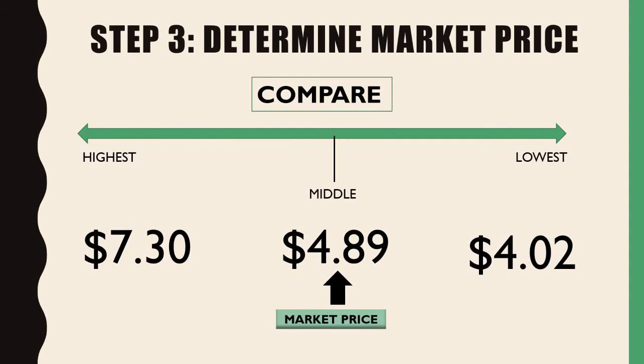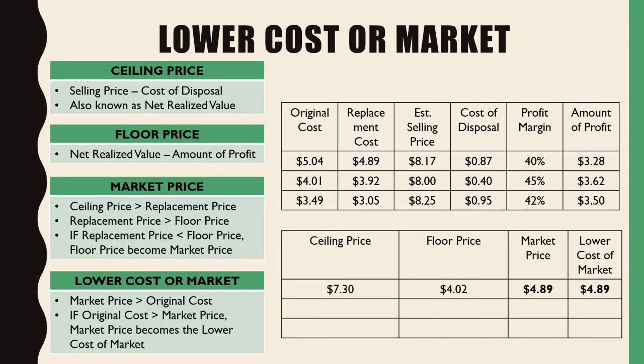Okay? So let's take a look at this scenario once more. We have my ceiling at 760. I have my floor at $3.98. What's my replacement cost? It's $3.92. So let's compare the numbers. Which one's my highest value? $7.60.